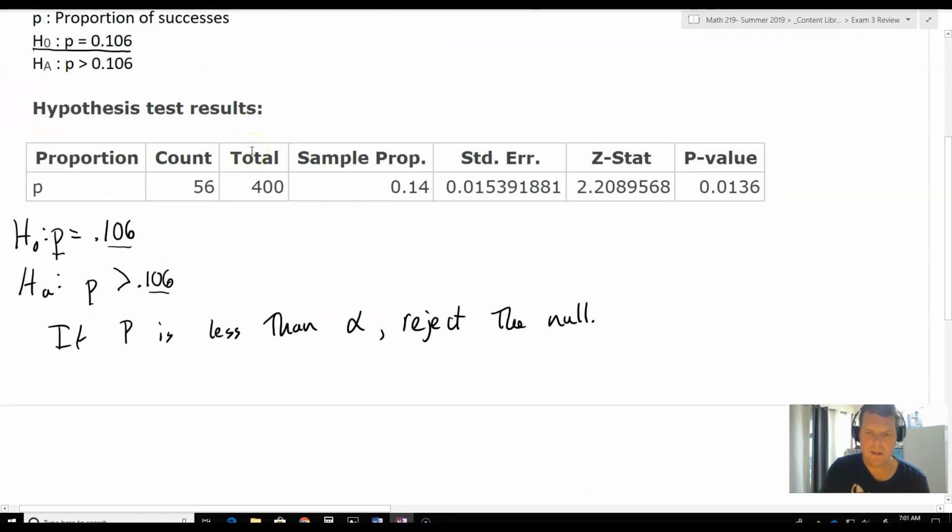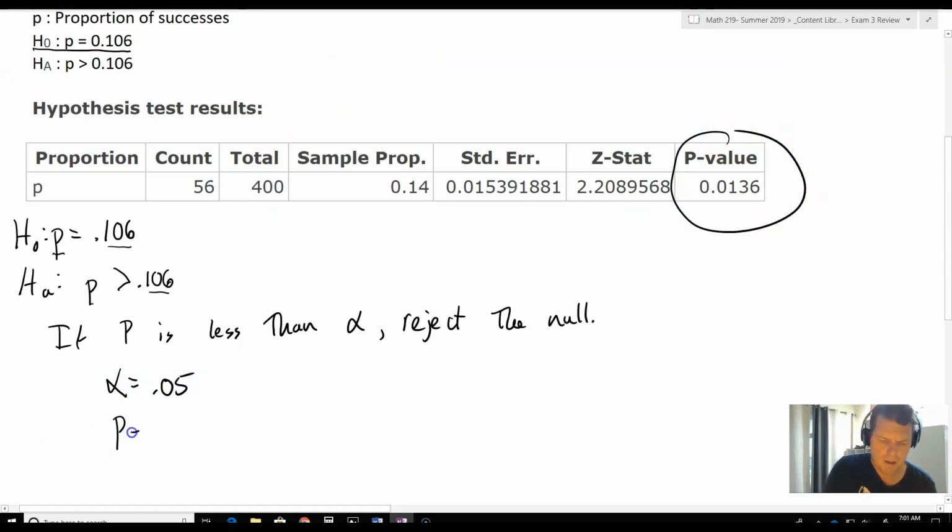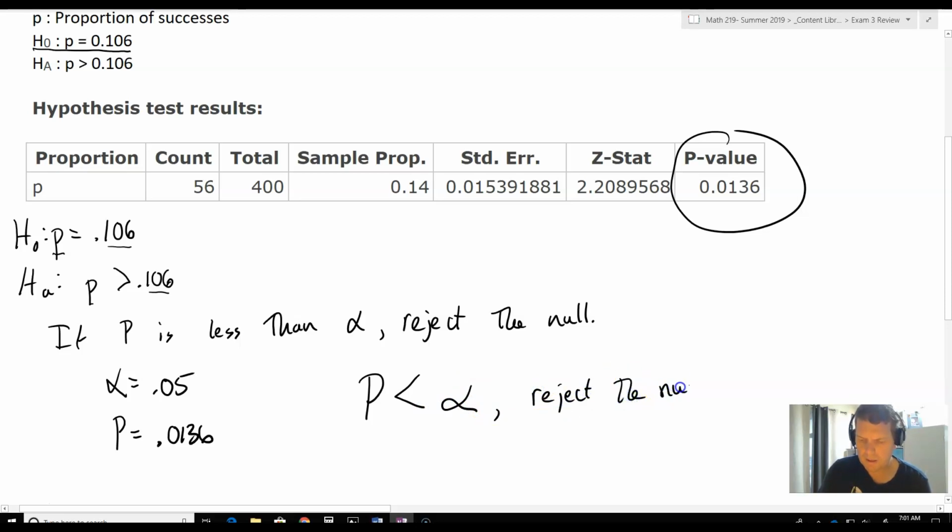So alpha equals 0.05, and then my p-value is 0.0136. P, in fact, is less than alpha. So that is true, so we're going to reject the null.